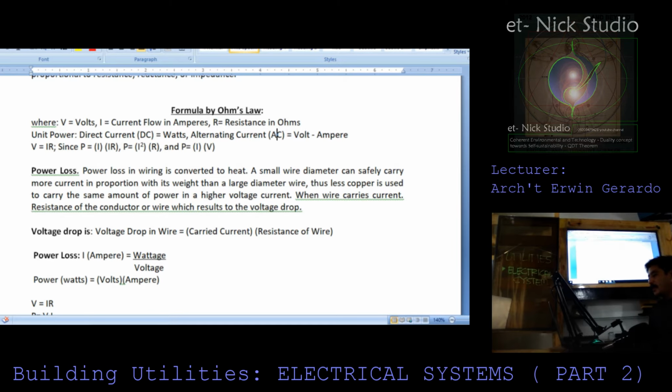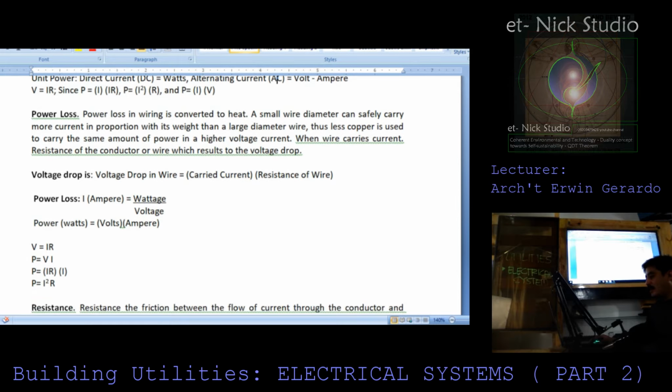Power loss. In amperes, I equals wattage divided by voltage, where power expressed in watts is equivalent to volts times amperes.